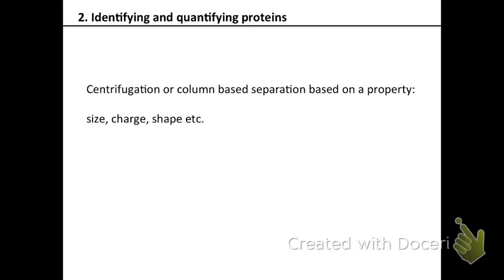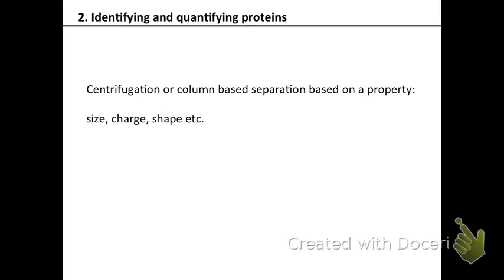So one of the first things when you take a whole different mixture of proteins that you can isolate from a sample is to separate these proteins based on their property.